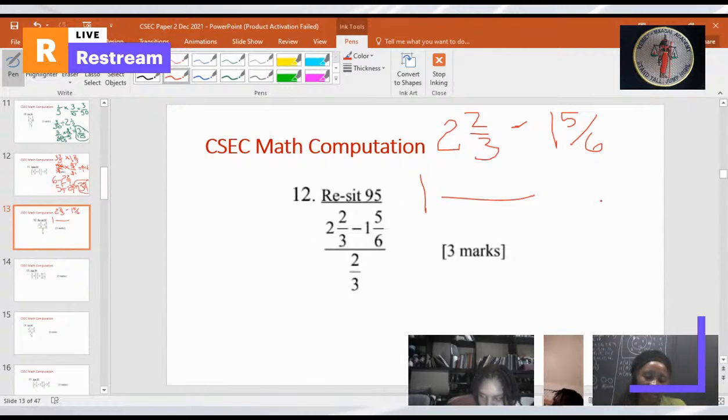We're going to find the lowest common multiple of the denominators, which is 6. So the LCM of 3 and 6 is 6. Then 3 into 6 is 2 times, so 2 times 2 is 4.